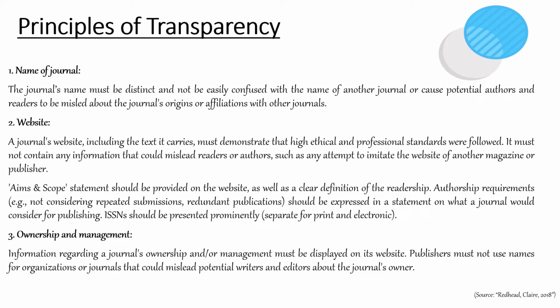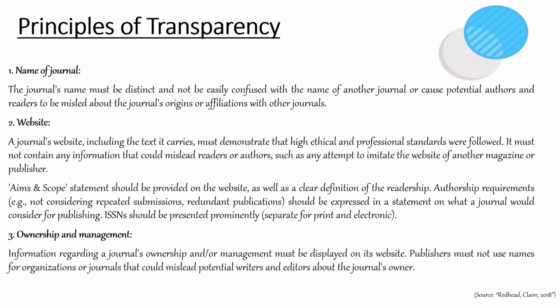A journal's website, including the text it carries, must demonstrate that high ethical and professional standards were followed. It must not contain any information that could mislead readers or authors, such as an attempt to imitate the website of another journal or publisher.